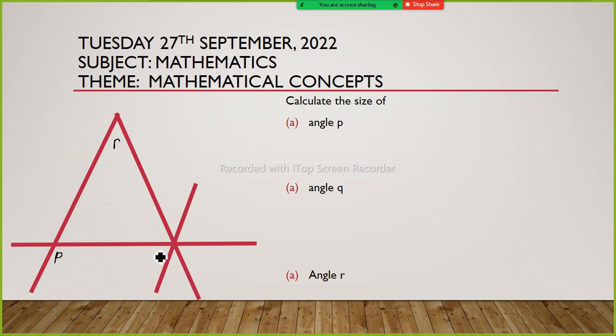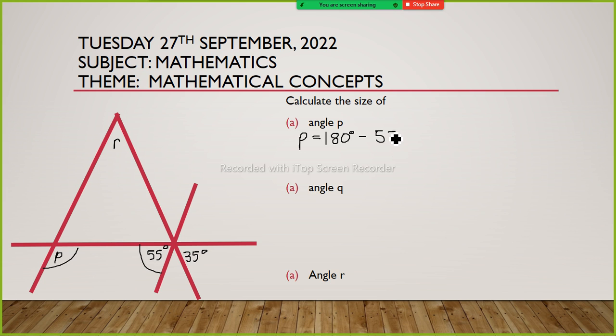All right, so we're going to do this one. Let's say we have 55, and let's say this was 35. So angle P is going to be equal to what? 180 degrees minus 55, because they are co-interior angles.